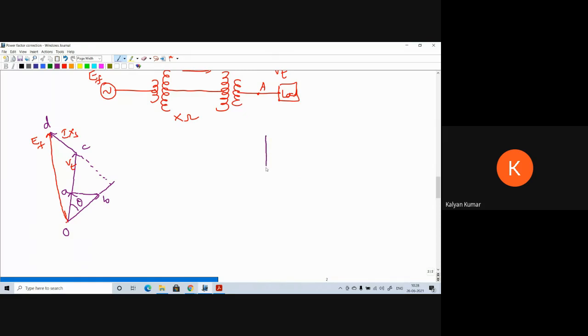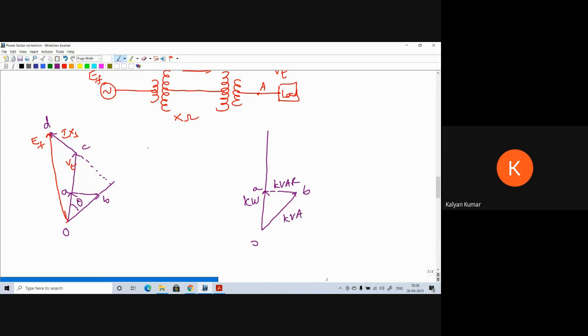Now, if you draw the power triangle, corresponding to I cos theta we will have kilowatts, that is active power. Corresponding to I sin theta, AB, we are going to have kVAR. Corresponding to OB, we are going to have apparent power, kVA.